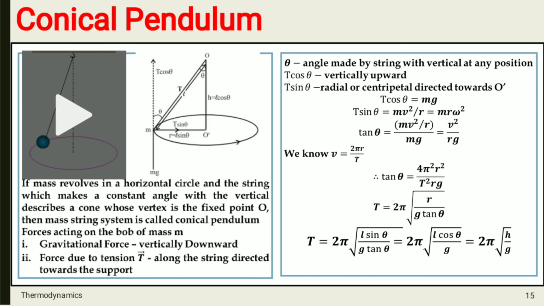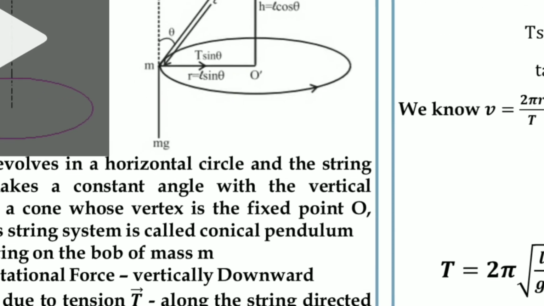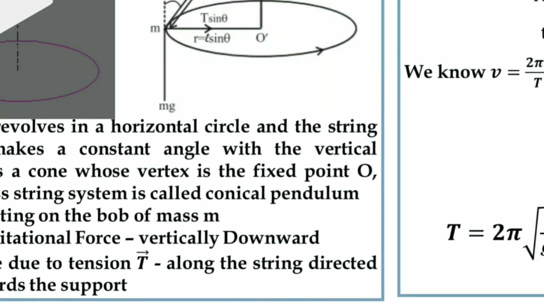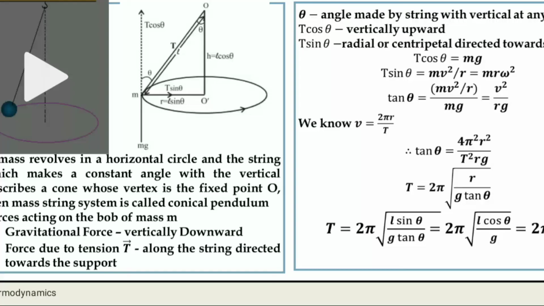Then forces acting on the bob of mass m are gravitational force, which is vertically downward, as you can see in this figure, gravitational force mg, and force due to tension in the string, that is, you have tied a string at fixed point O, and one mass, that is bob, is attached to that mass.